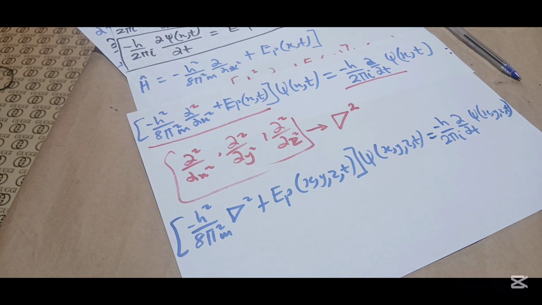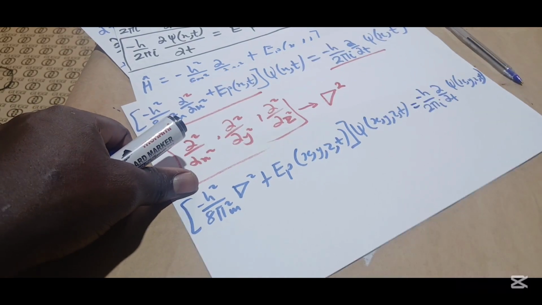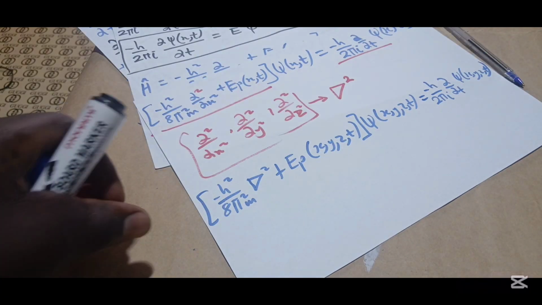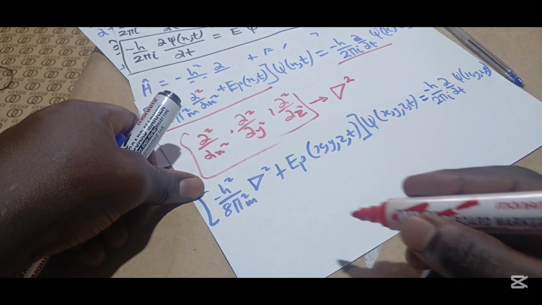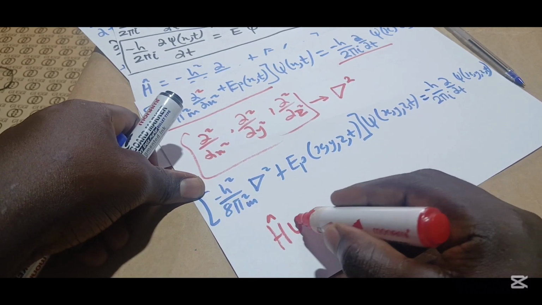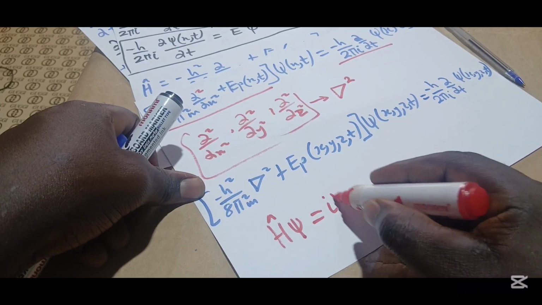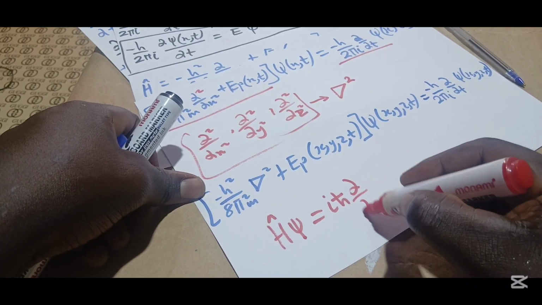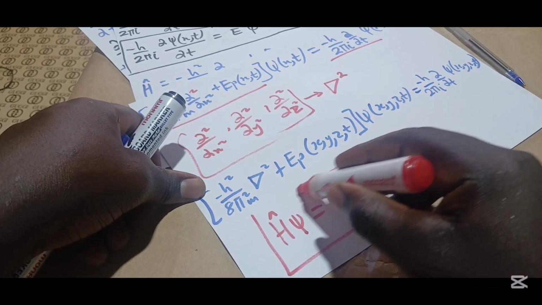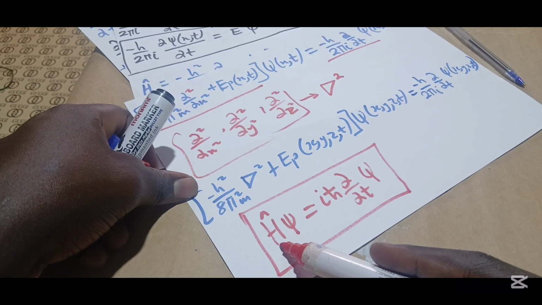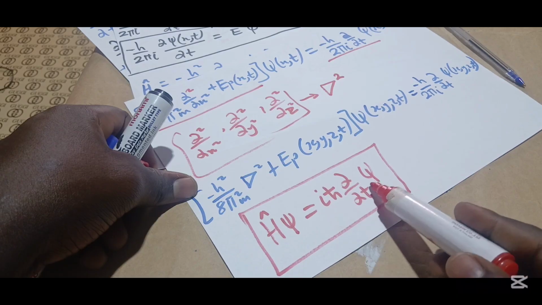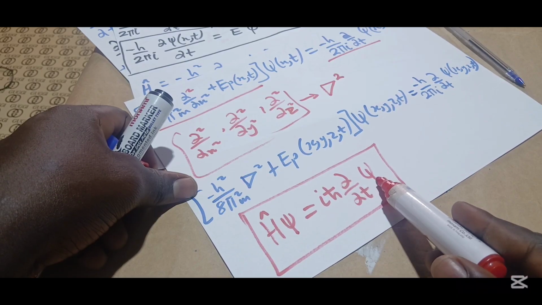So this is the time-dependent Schrödinger equation, and this is the general form of it. This is the Hamiltonian operator acting on the wave function, which can be in 4D or 3D, and then the energy operator changing with respect to time, acting on the wave function.